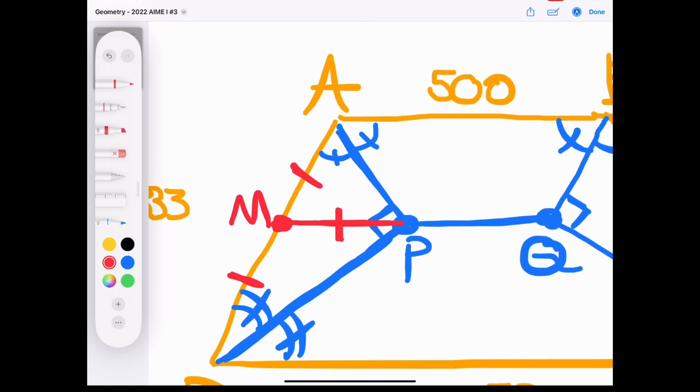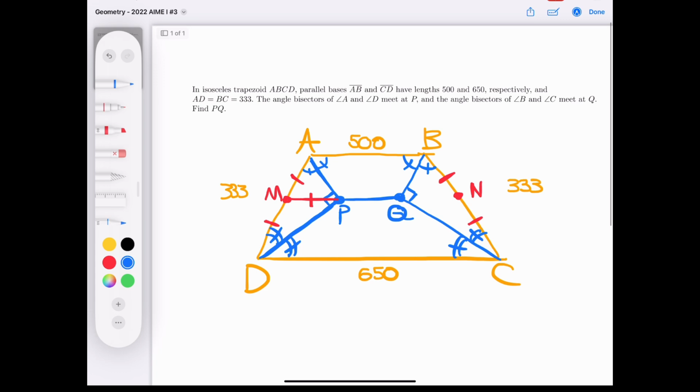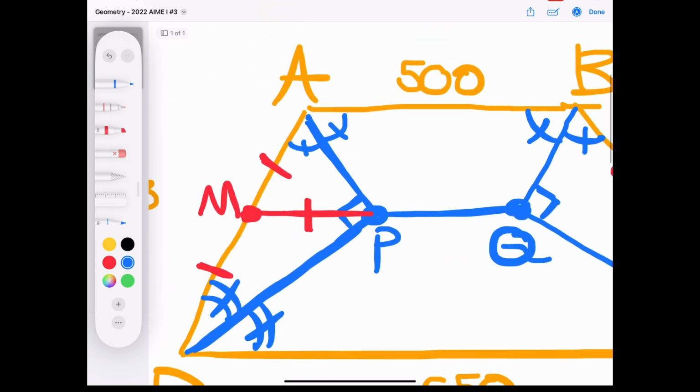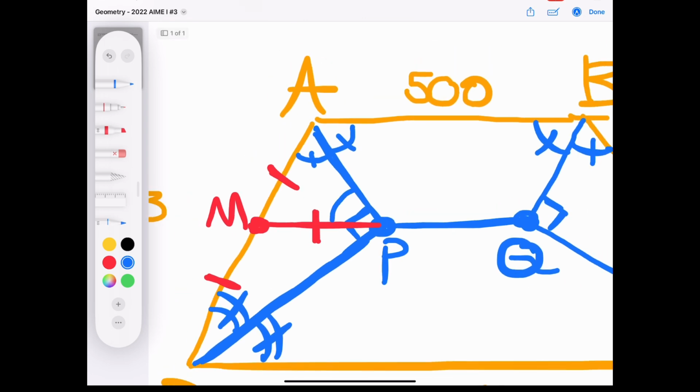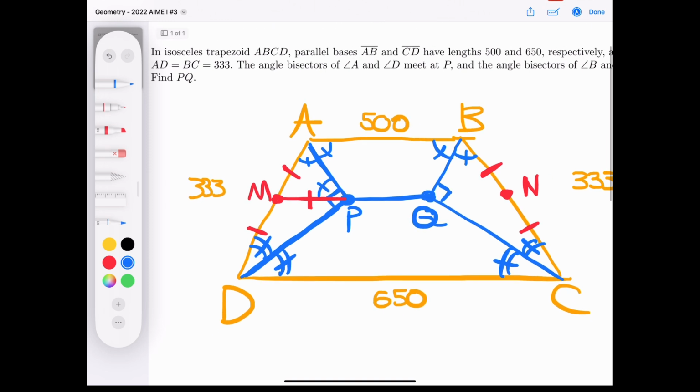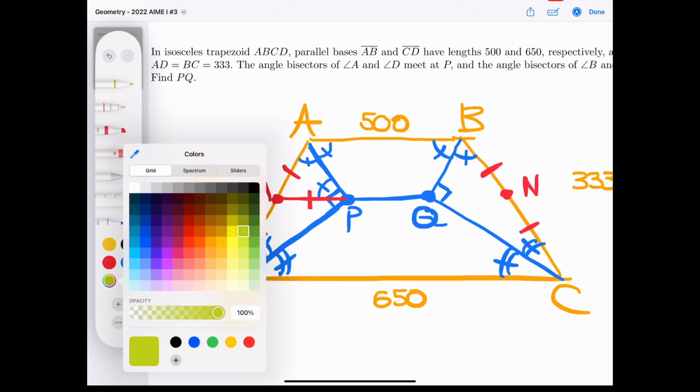And now, since AMP is an isosceles triangle, we'll obtain that angle MPA is congruent to angle MAP, which implies that angle MPA is congruent to angle 1. But now we have these transversal angles in our diagram, right?